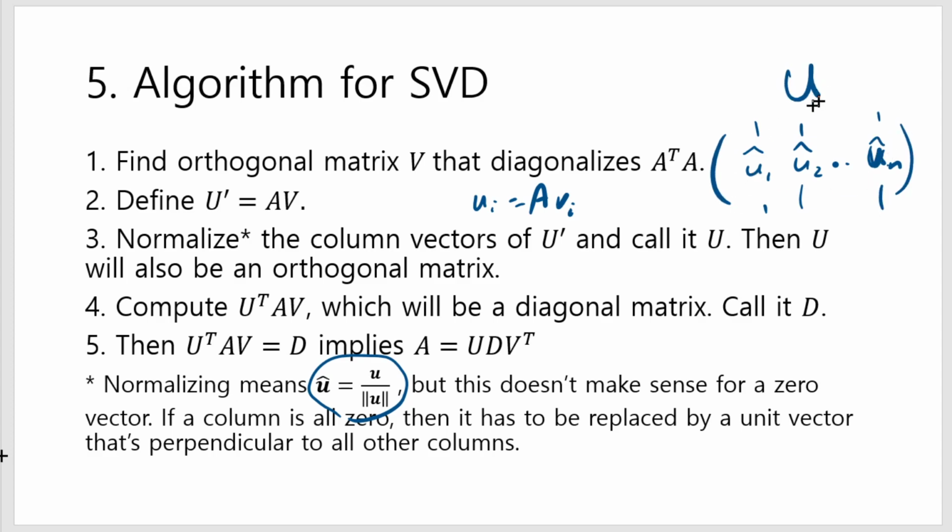That's going to be your U, and this makes U an orthogonal matrix. Then you compute this, and you'll see that it's a diagonal matrix. So if you have U transpose A V equals a diagonal, you can multiply by U and V transpose on both sides. Because these are orthogonal matrices, they're inverses of each other, so these just become the identity. You end up with A equals U D V transpose, which is exactly the singular value decomposition of A.